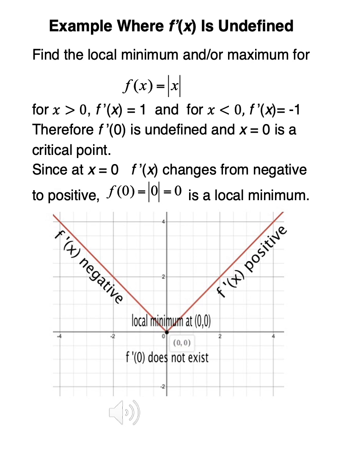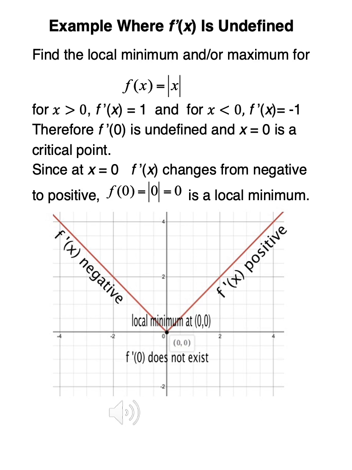Remember, in order for the first derivative to exist, the limit from the left and the right has to be equal. So the first derivative at 0 is going to be undefined, and therefore at x equals 0 we will have a critical point.